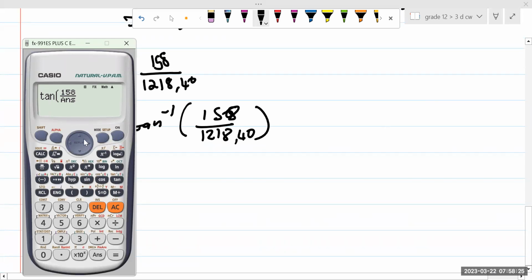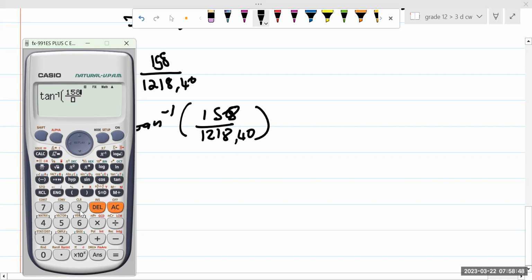I already know what the answer is, so I don't have to type this thing again, avoiding making a mistake. Those are the skills you can have when using your calculator. Sorry, it should be shift tan, the inverse.